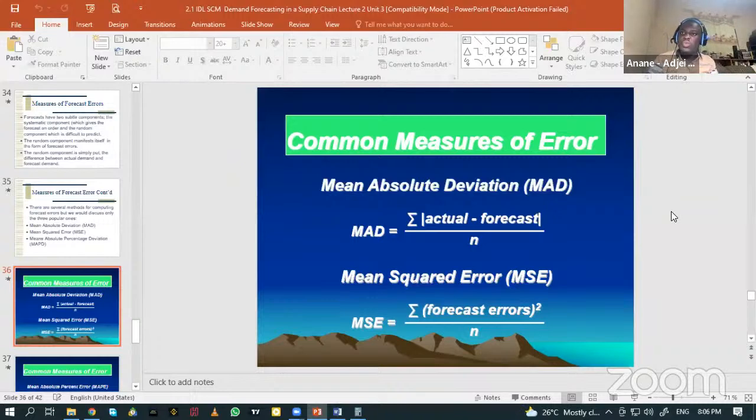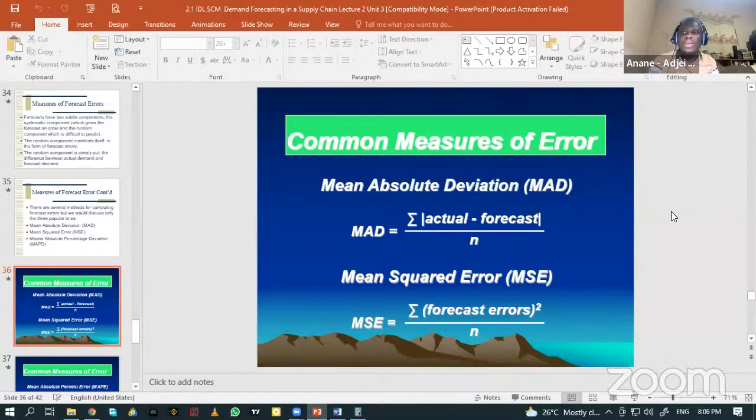So we need to use some mathematical models, equations and formulas, to find out what the margin of error is. To calculate the margin of error, there are three main methods that we'll be looking at. There are a lot of them, but we'll be dealing with only three.